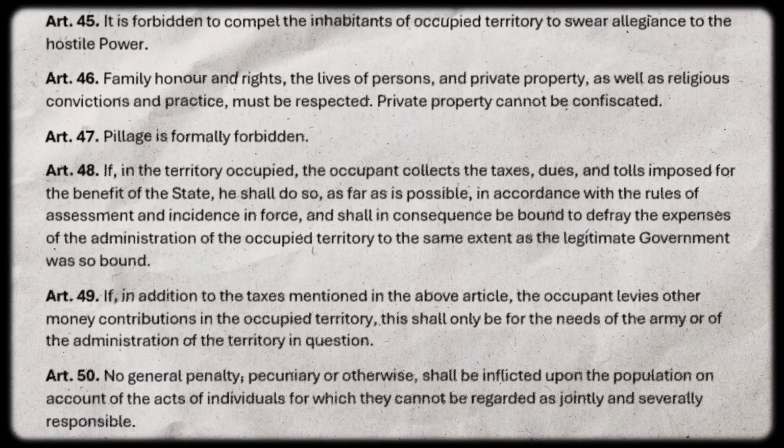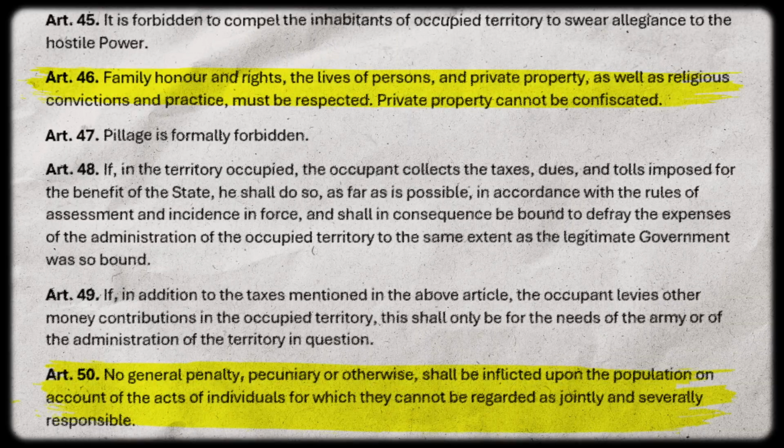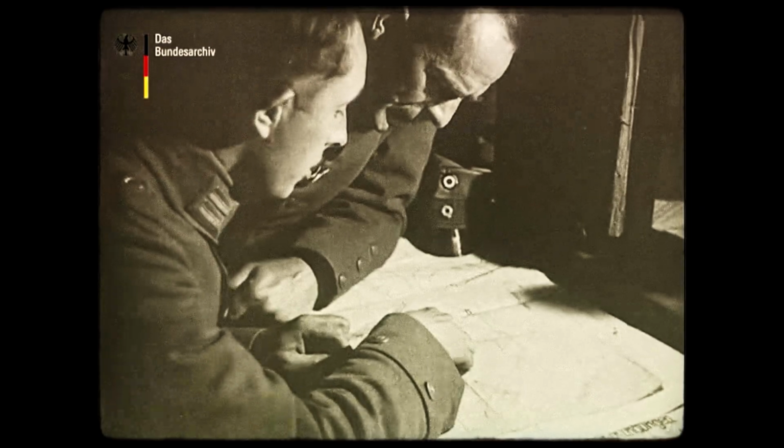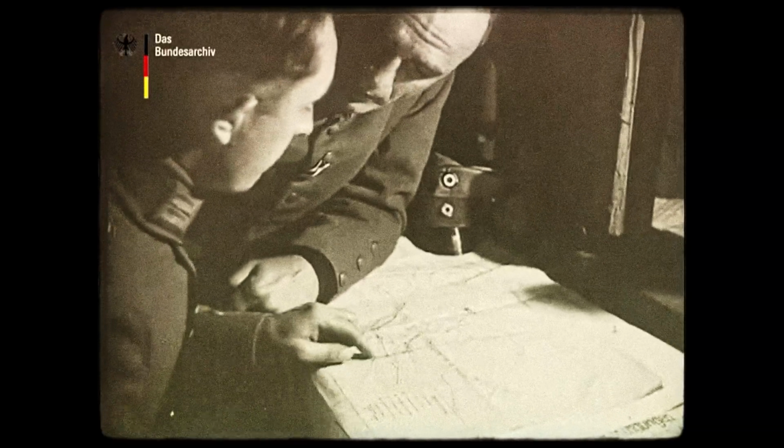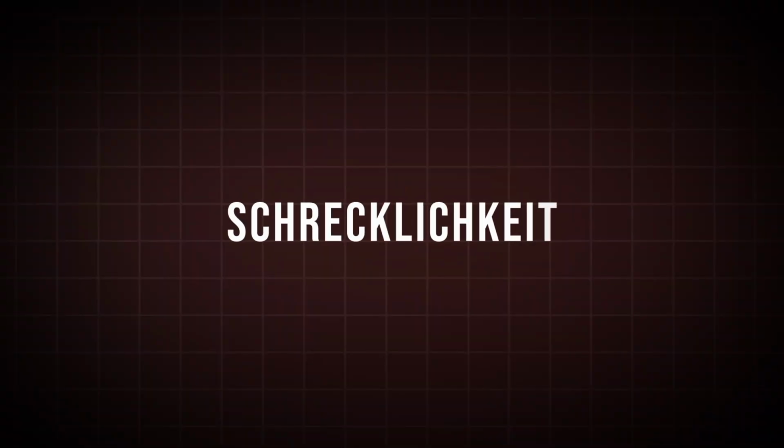Non-combatant immunity was a fundamental principle of the Hague Conventions. Yet World War I's total war mentality increasingly blurred the distinction between soldier and civilian. This erosion began during Germany's invasion of Belgium. German commanders, fearing irregular resistance, adopted a policy of Schrecklichkeit, frightfulness.